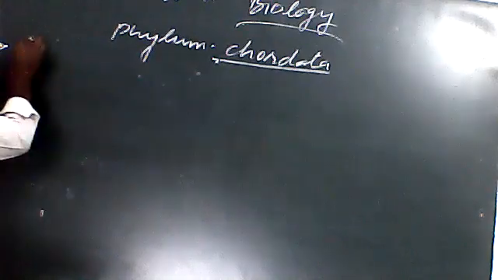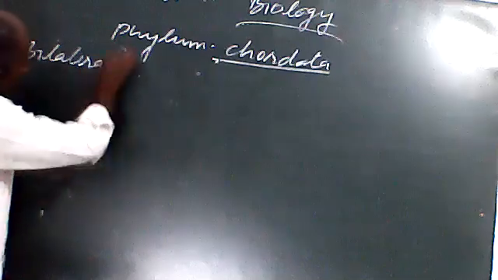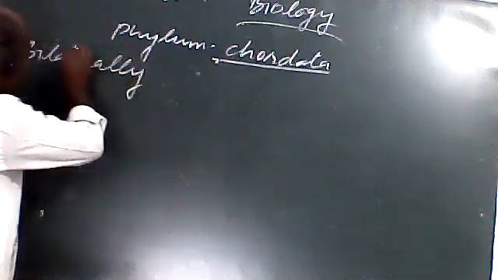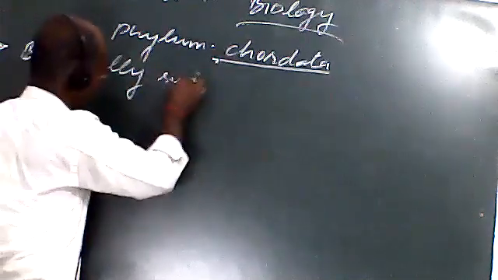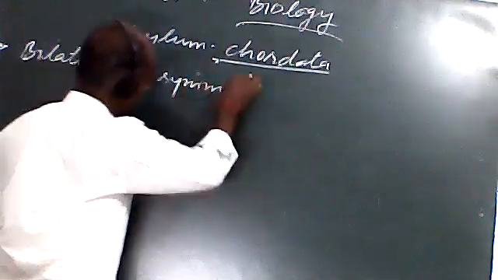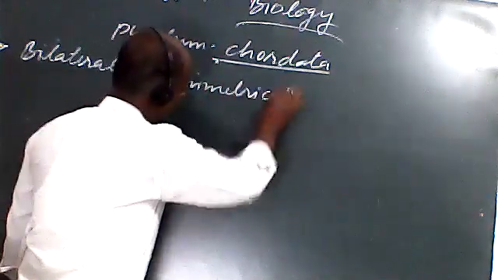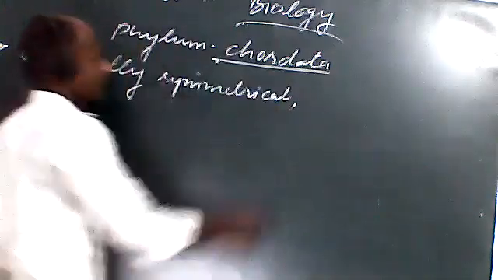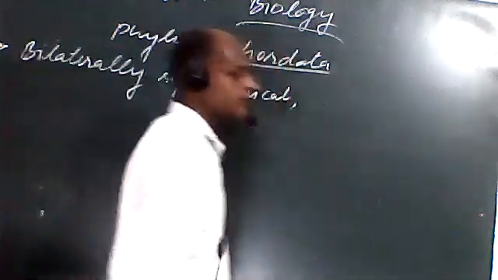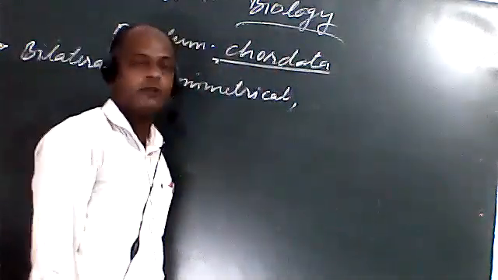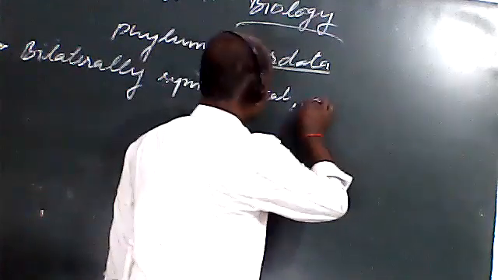One by one: the body is bilaterally symmetrical, and we know that there are three germinal layers, due to which they are considered triploblastic.